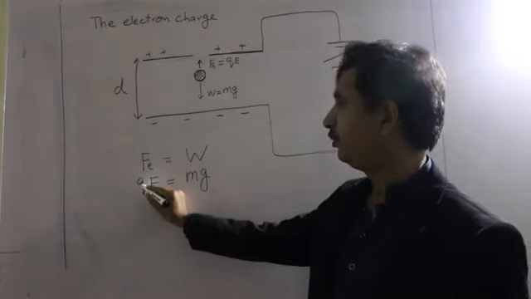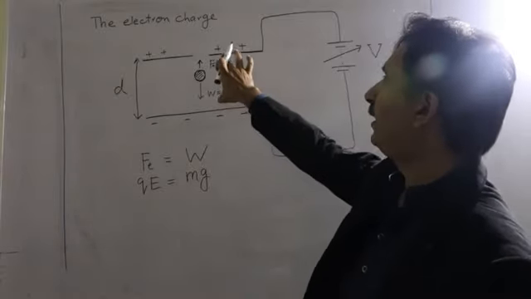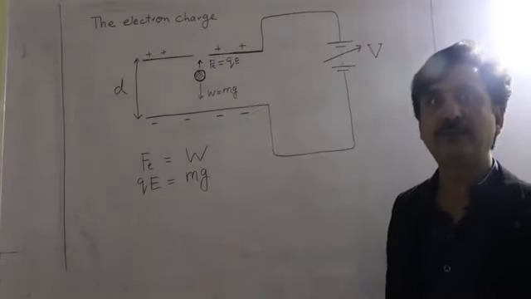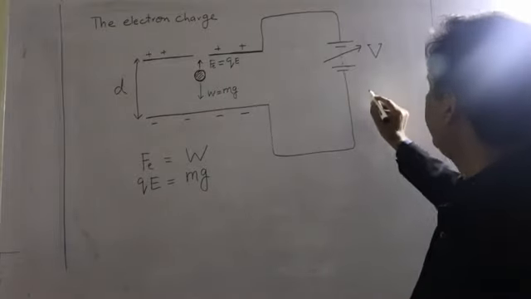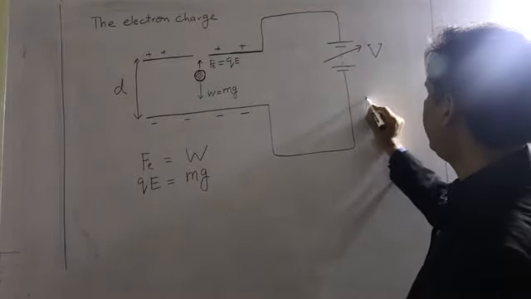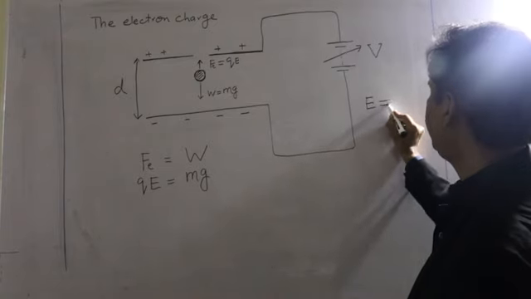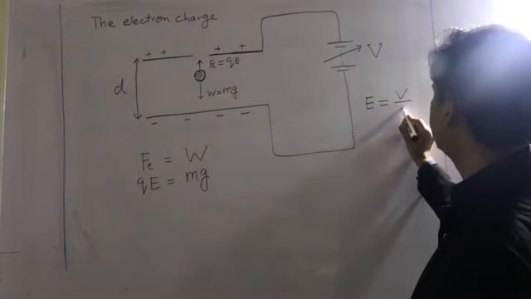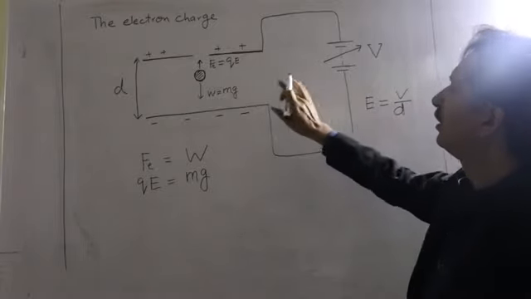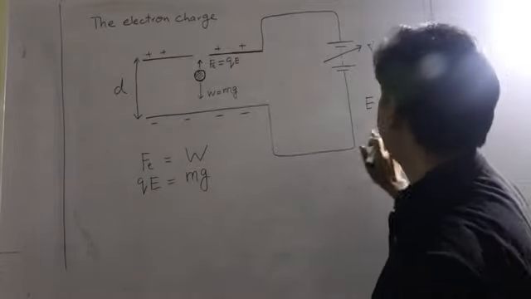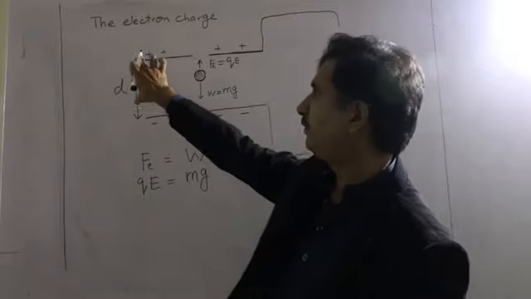We need Q. Directly from this setup we don't know what E is, but we know the formula E is equal to V over D. In this setup we know V and we know the separation between the plates.